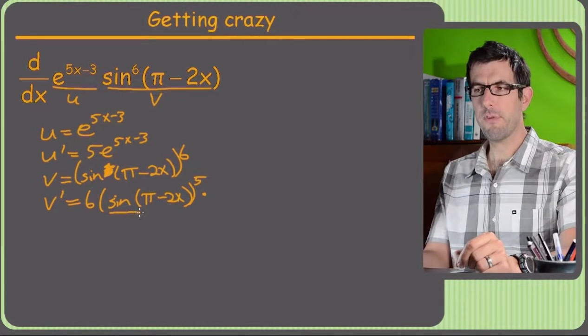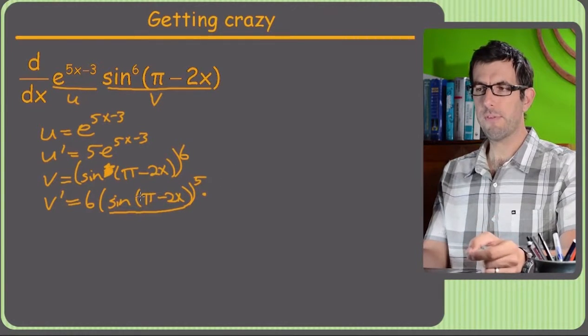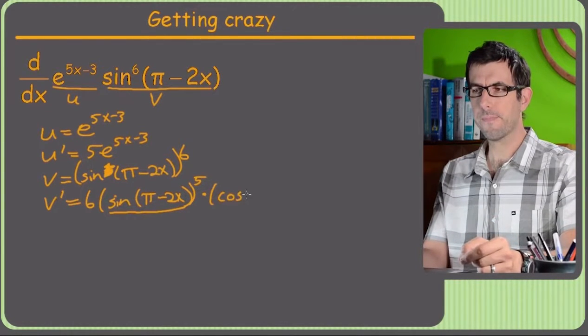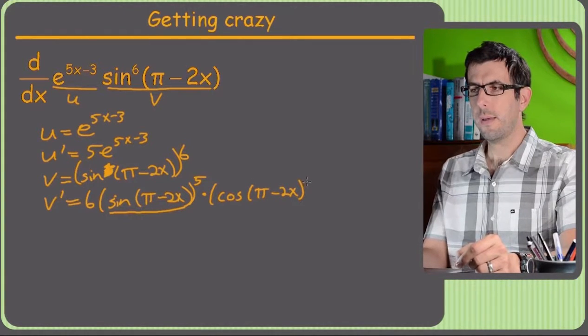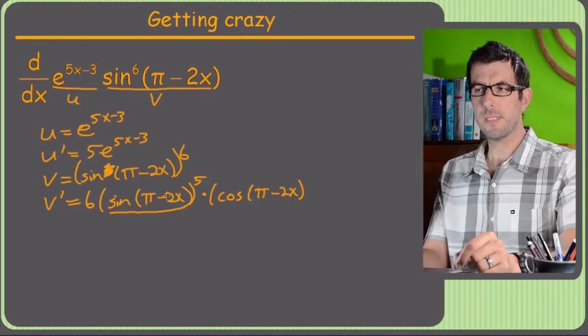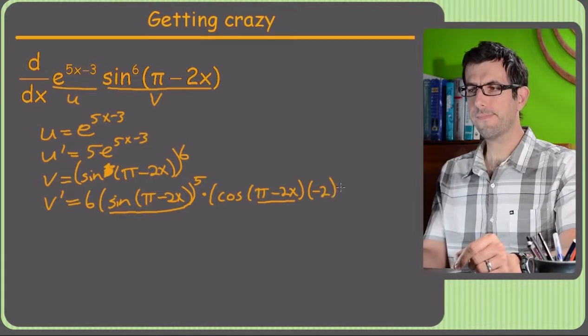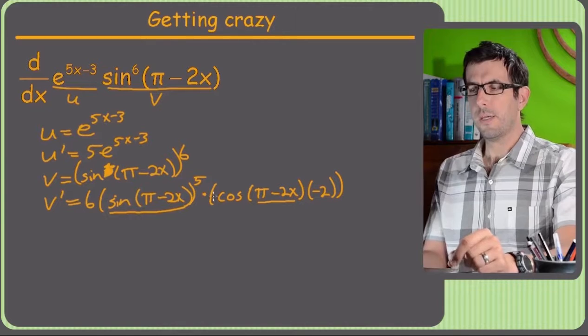We've got to multiply by the derivative of all this stuff. But that's going to be its own little chain rule. The derivative of sine is cosine of the same stuff, but also times the derivative of whatever the stuff is. So we've got to take the derivative of that pi minus 2x, which is negative 2. All right, make sure I got the right number of parentheses on that.